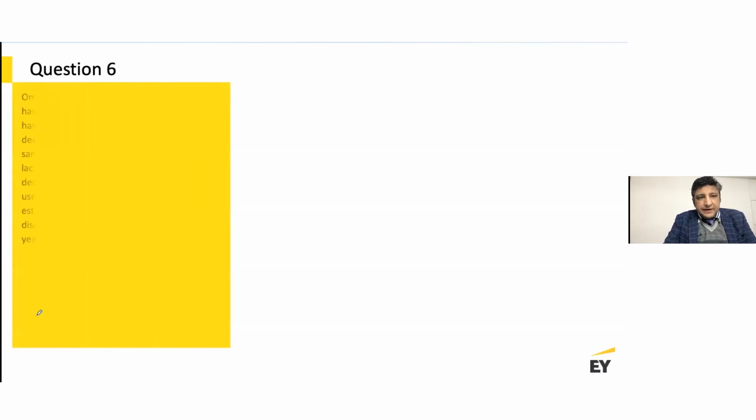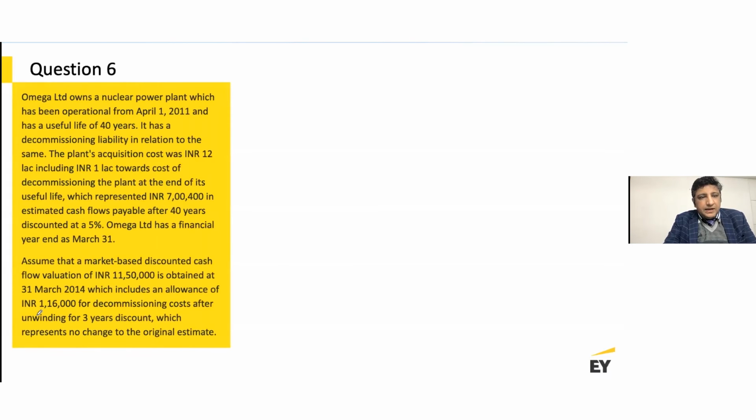We are now given this scenario. Omega Limited owns a nuclear power plant which has been operational from 1st of April 2011 and has a useful life of 40 years. It has a decommissioning liability in relation to the same. The plant's acquisition cost was 12 lakh rupees, including 1 lakh towards cost of decommissioning the plant at the end of its useful life, which represents 7 lakh 400 in the estimated cash flows payable after 40 years, discounted at 5%.